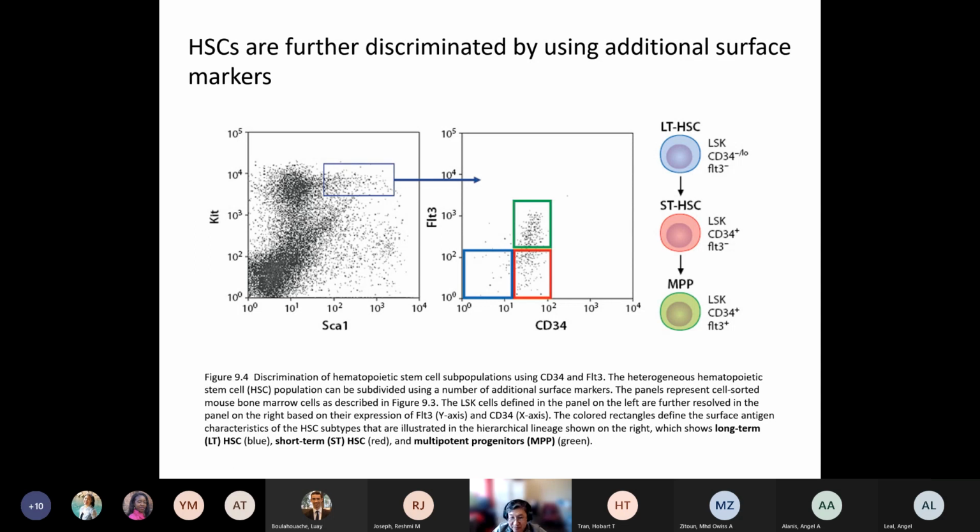They will have very poor ability to get transplanted and reform the hematopoietic system in another individual, the third population there. Okay, that's how Weissman first described the hematopoietic stem cells. So if you can, remember the signatures for the long-term hematopoietic stem cells as well as the short-term hematopoietic stem cells.